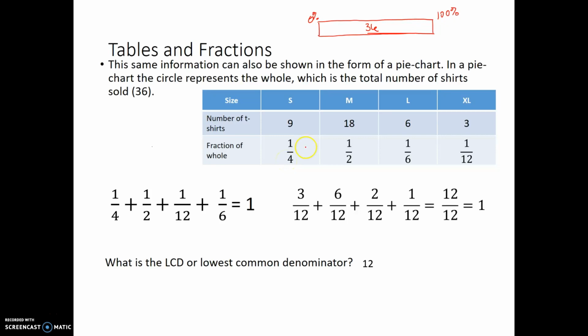We'll multiply 1/4 by 3 over 3 to get 3/12. 1/2 by 6 over 6 to get 6/12. 1/6 by 2 over 2 to get 2/12. And of course, I don't have to multiply 1/12 at all. And then when I add all of those together, 3 plus 6 is 9, 9 plus 2 is 11, and 11 plus 1 is 12. And so it does add up to 1.